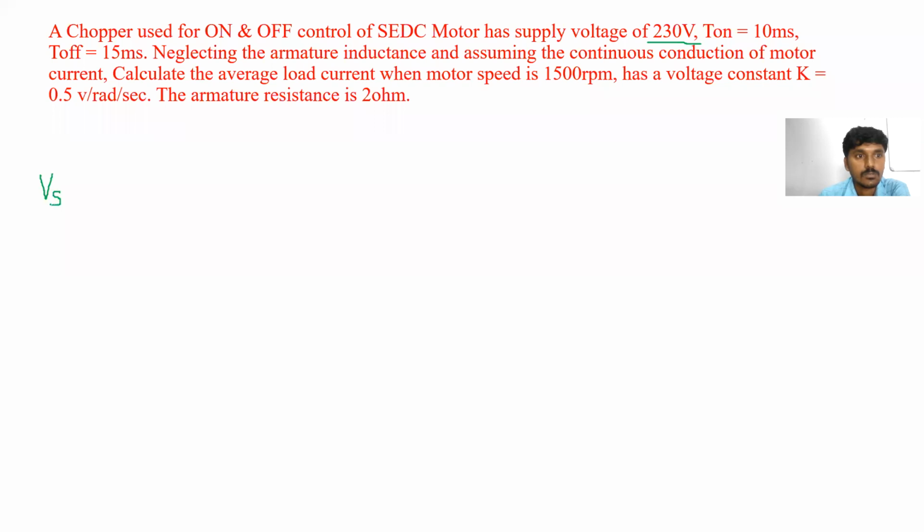Vs is equal to 230 volts. Next, the armature resistance is given. How much? Ra is equal to 2 ohms. Okay, good.